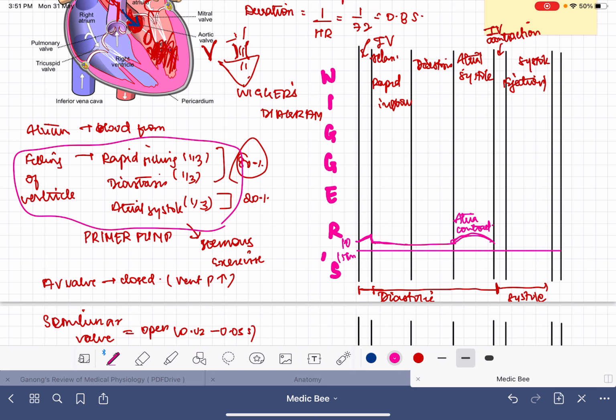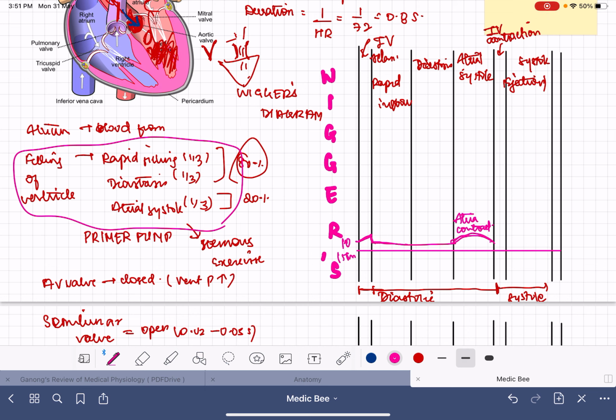That pushes on the atrium and causes the pressure inside the atrium to increase. The blood will try to enter the atria through the AV valves, but the backflow is prevented by the valves.